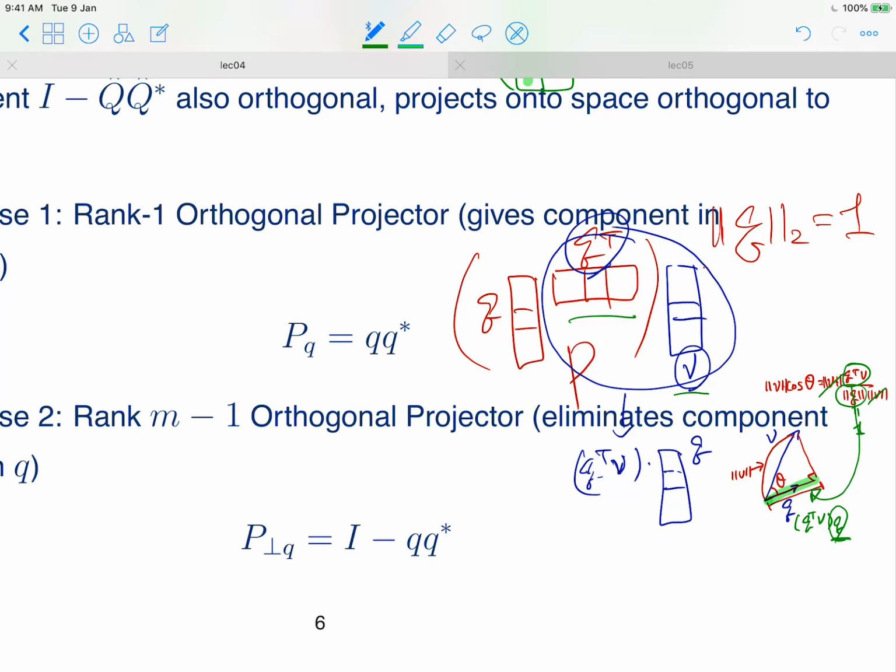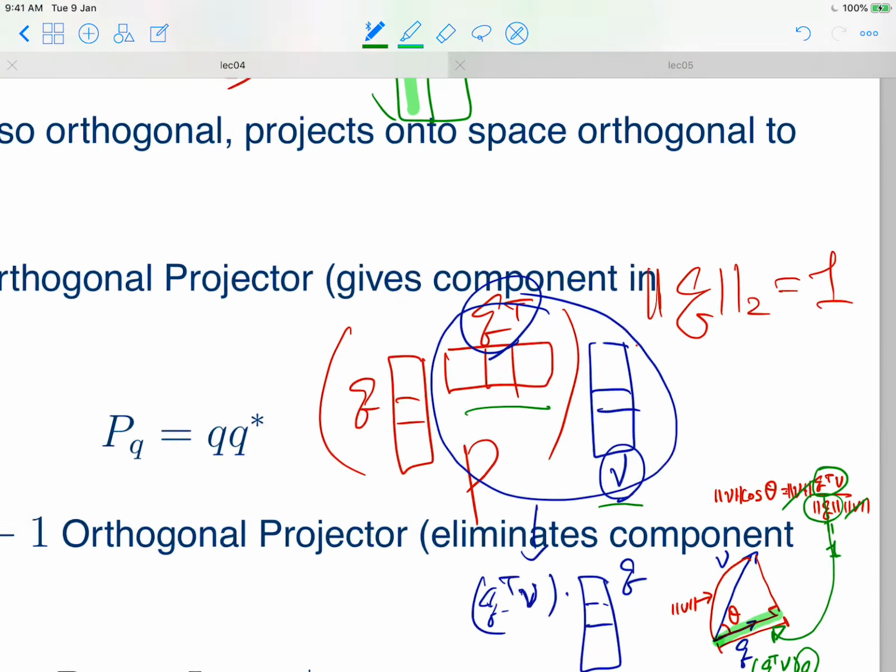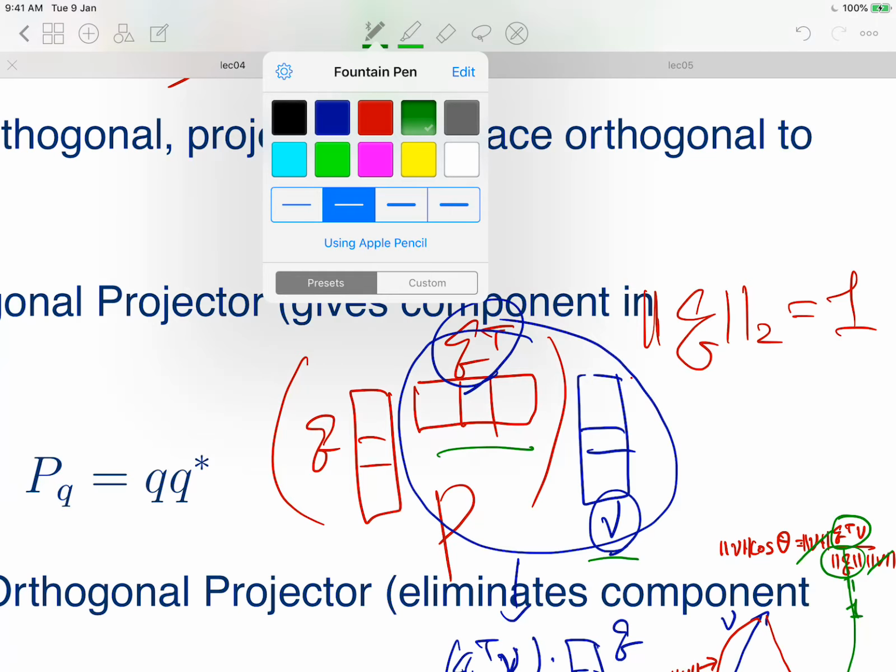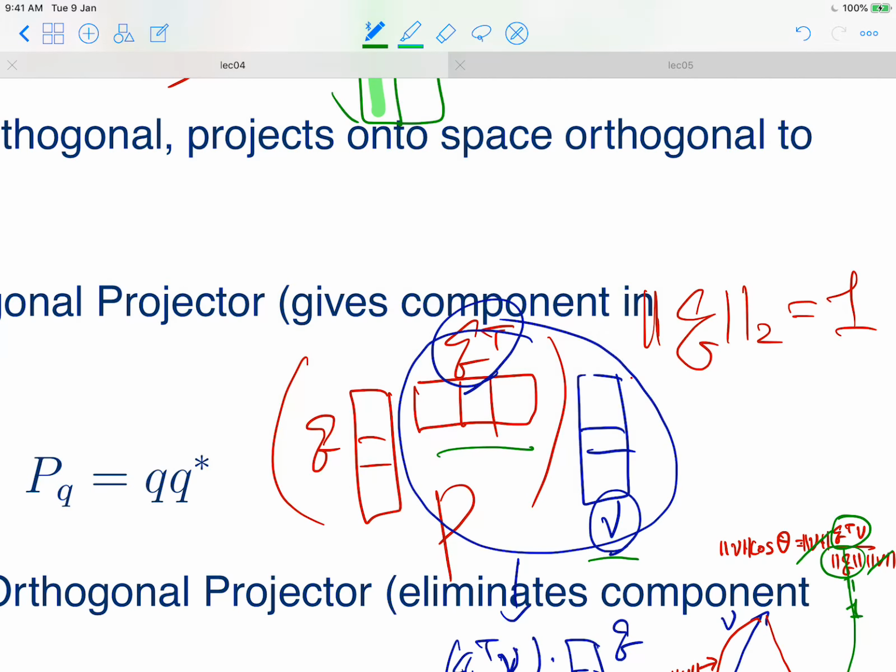Okay, and then we can extend this kind of understanding when we have multiple column vectors in our Q. So what if we have 2 column vectors? The first one and the second one.